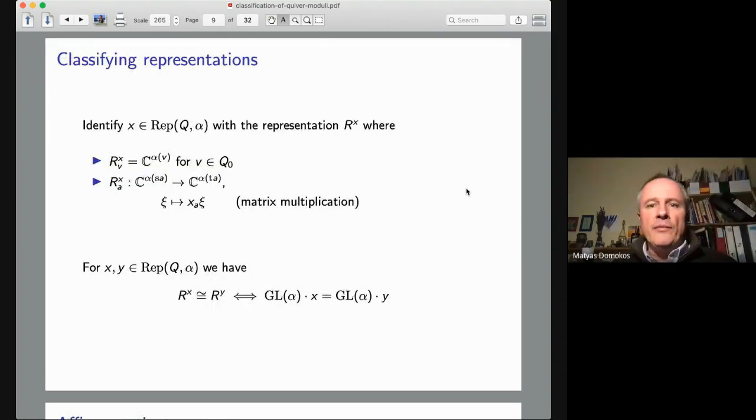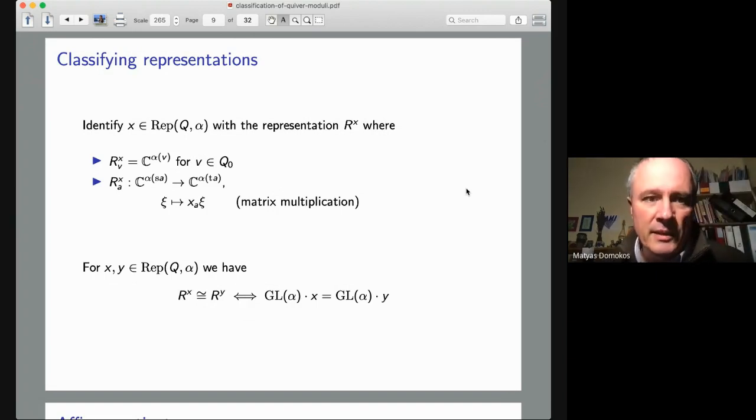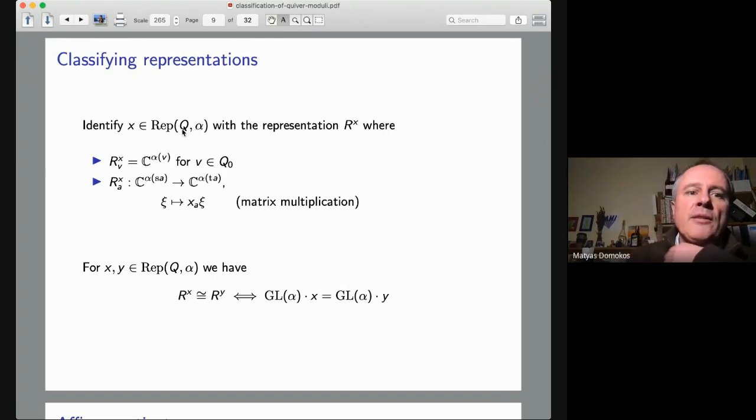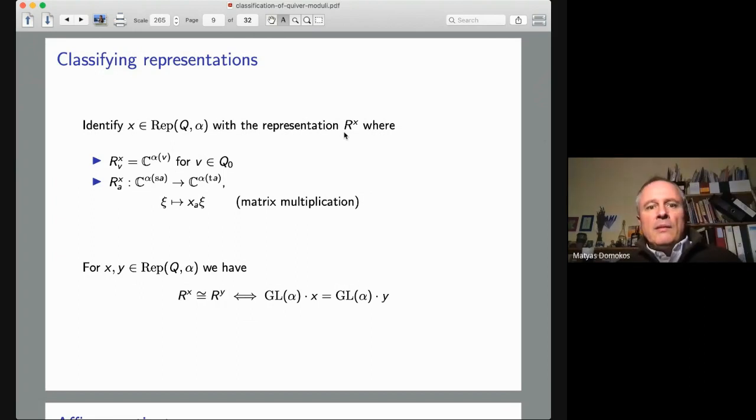The general aim of quiver representation theory is to classify representations up to isomorphism. To a point x in the space of alpha dimensional representations of Q corresponds a representation which I denote by R_x.